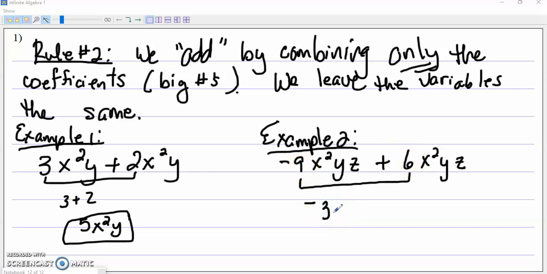Don't worry about the signs, just subtract them. So if I look and just double check, we forgot to double check this before we started, but the x's are both squared, the y's are both 1, and the z's are both 1. Doesn't matter how many variables there are, you need to make sure that they're all the same. And that would be our answer for this one.